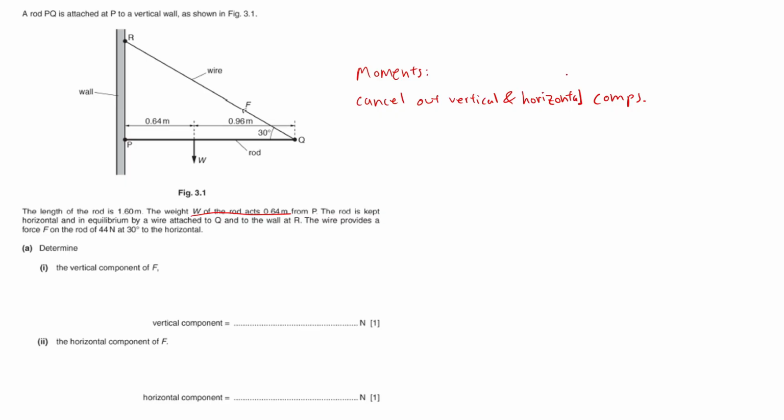The wire provides a force F on the rod, 44 newtons at 30 degrees. Okay, so my reading skills are not very high right now. They actually give us the magnitude. It's 44 newtons. So in this case, we can just use sine, because we know that our force is going like this at an angle of 30 degrees.